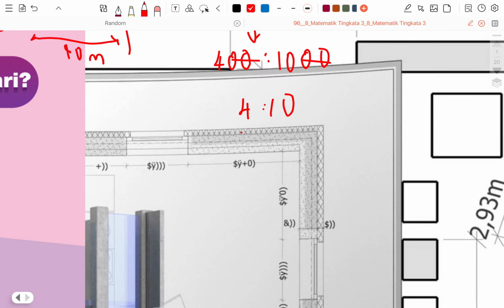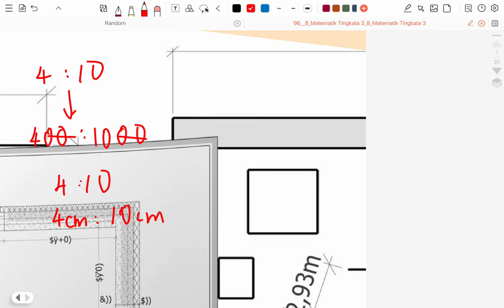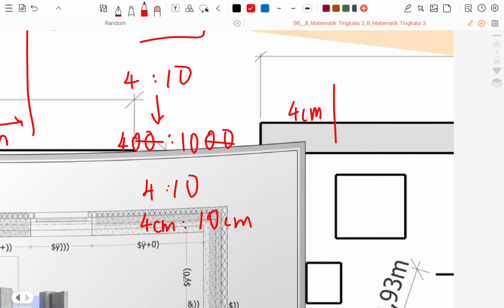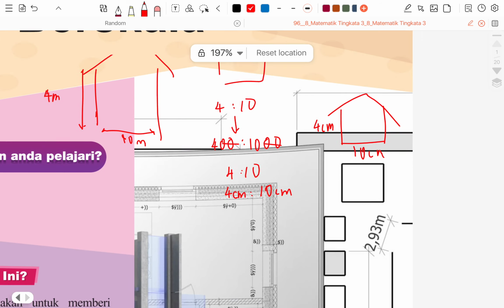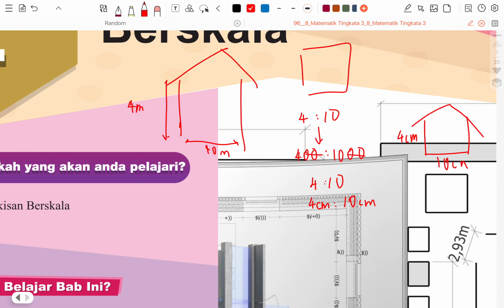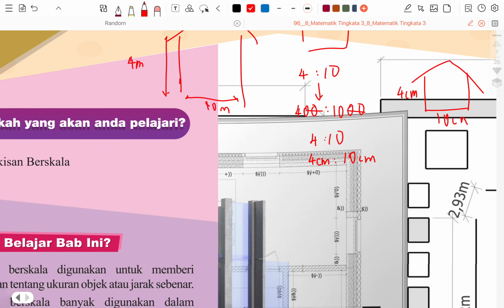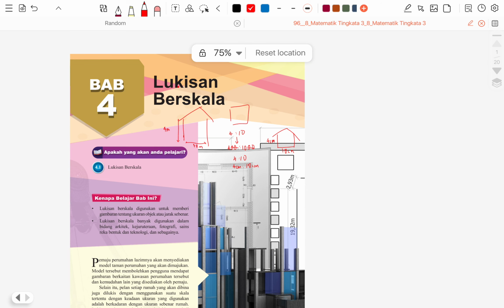So now you'll have 4 cm to 10 cm. So when you write on paper, this one would be 4 cm, this one would be 10 cm. This shows that it is scaled down from a larger scale to a lower scale. So that is the concept of lukisan berskala.